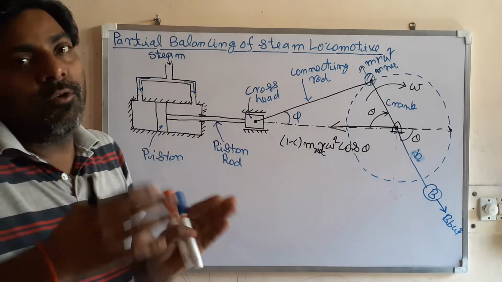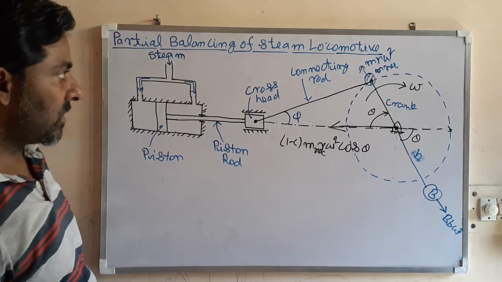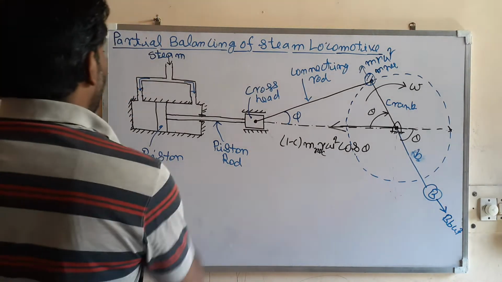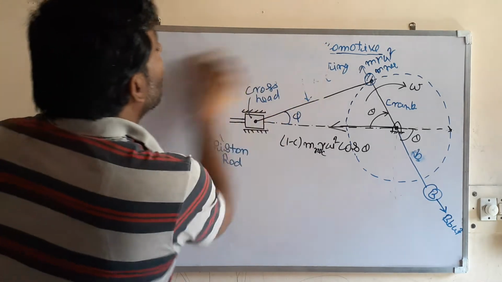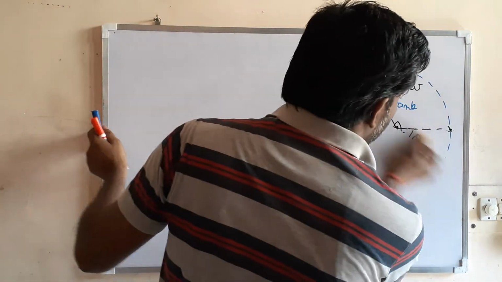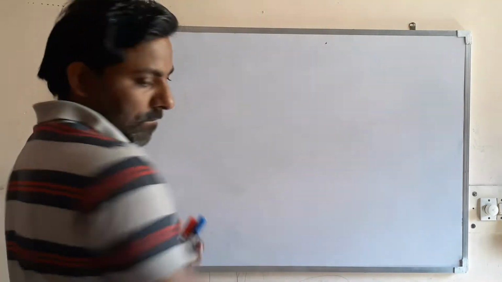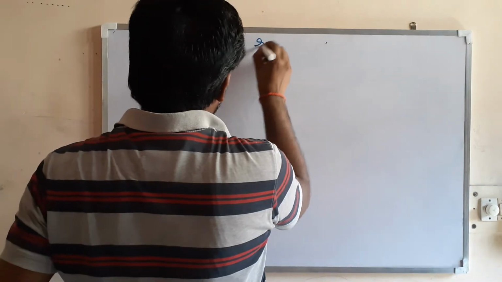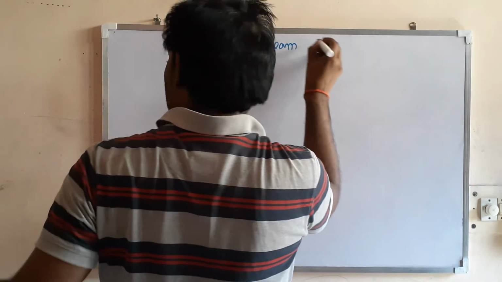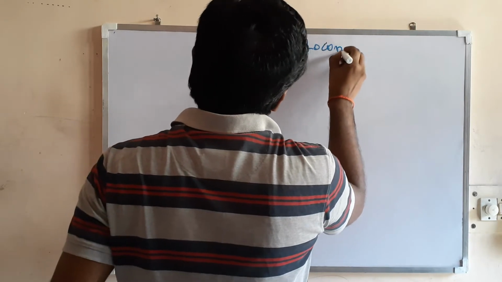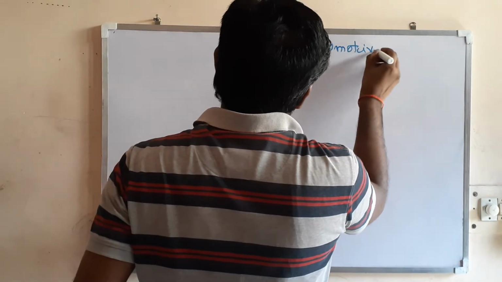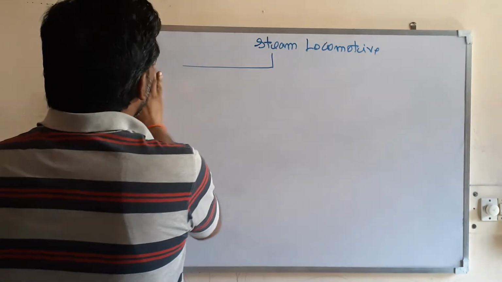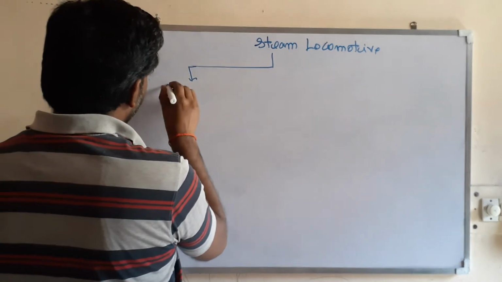Then you will be able to understand everything. A steam locomotive can be classified in two ways.